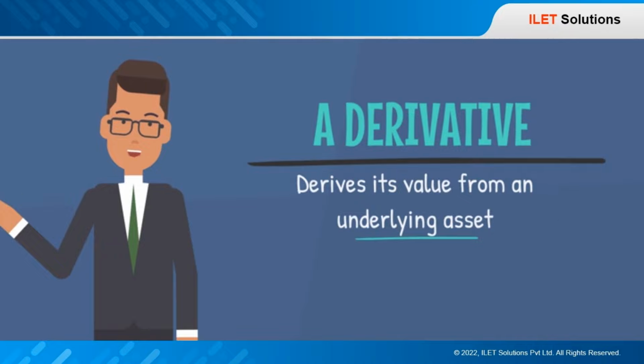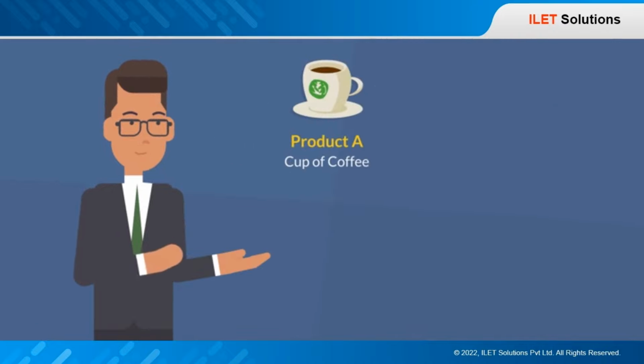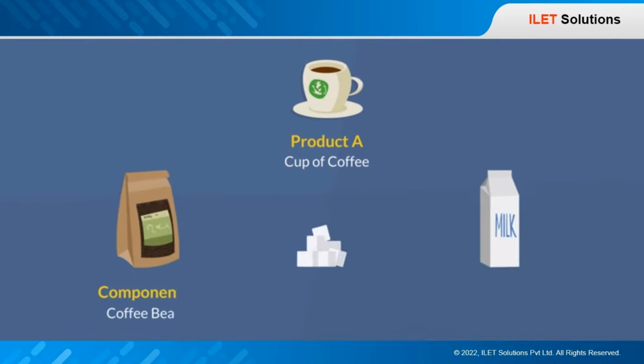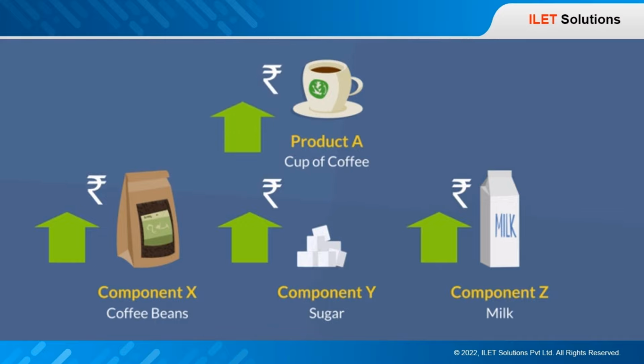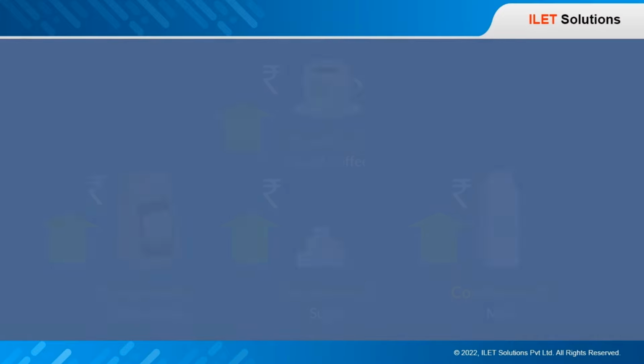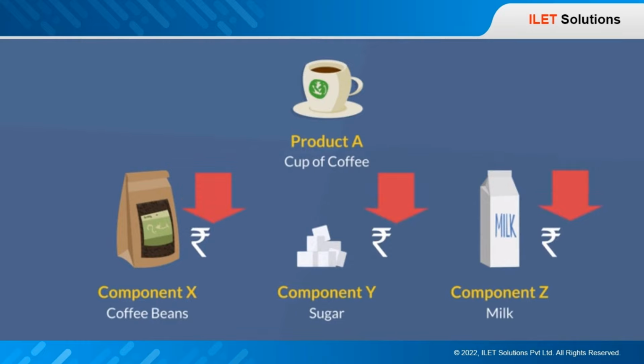To understand this better, suppose a product A comprises three components X, Y, and Z. If the price of the components X, Y, or Z increases, then, other factors being normal, the price of product A will increase. Likewise, if the price of the components reduces, then the price of product A will also reduce.